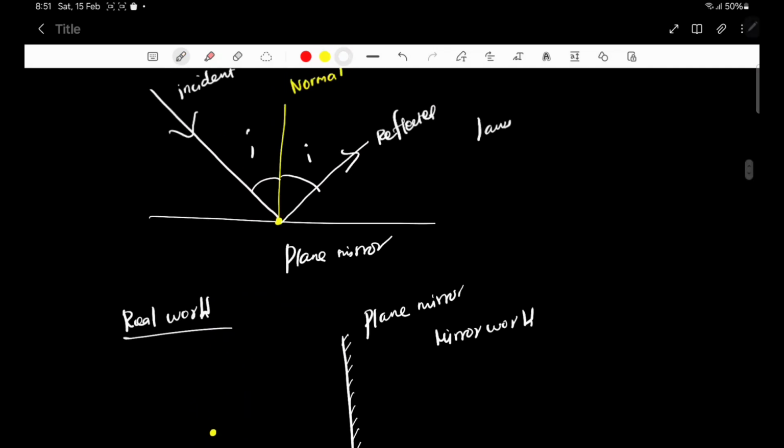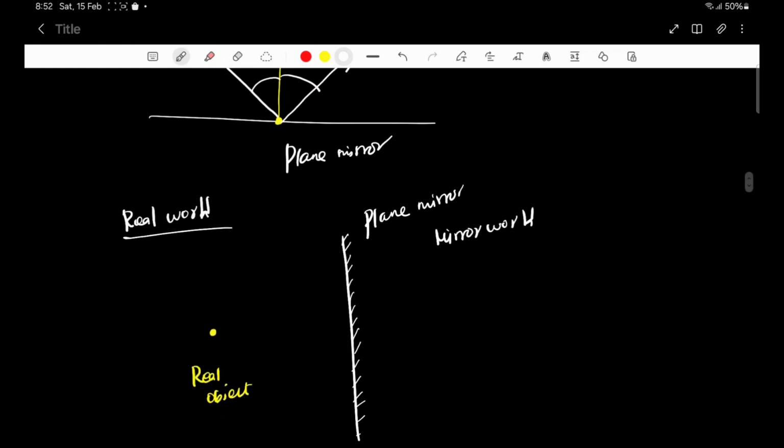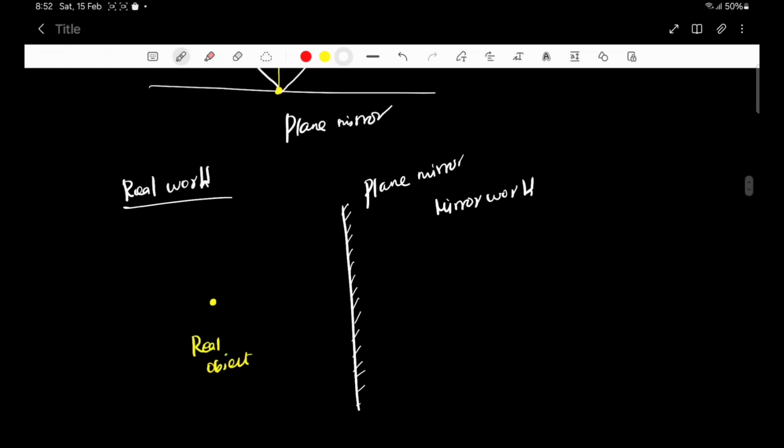By simply applying the laws of reflection, we can get the image locations and image nature also. First, consider any object. If you look around yourself, you can see so many objects. You are seeing all those objects because they are reflecting light that is falling on them.